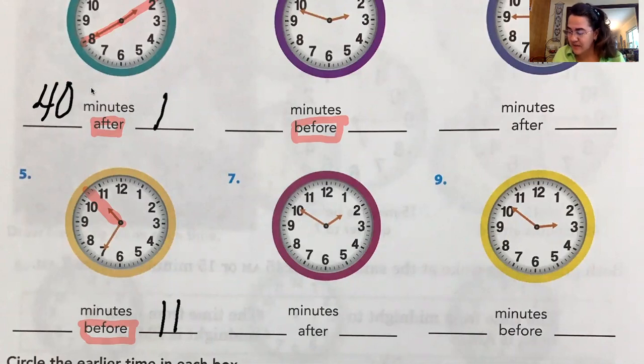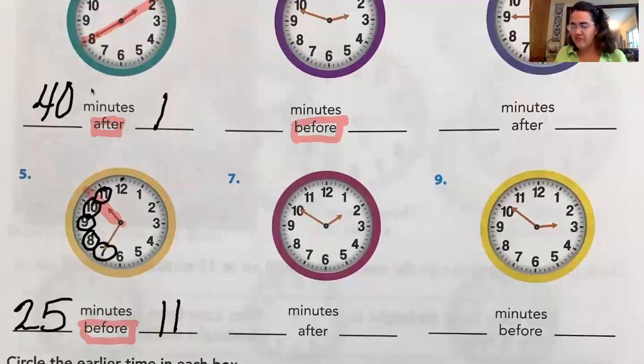Let's start at the top and count back. 5, 10, 15, 20, 25. So it's 25 minutes before 11. I know that might be a little bit confusing for you. If it is, you can wait and we'll come back and do the rest of the paper together. But let's move on for those friends who need to keep on going.